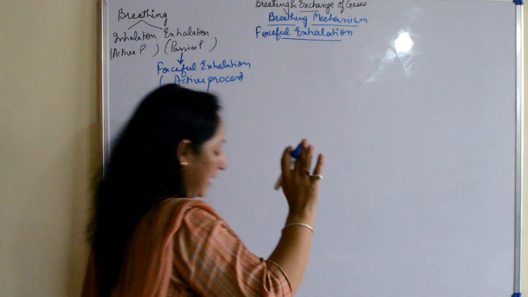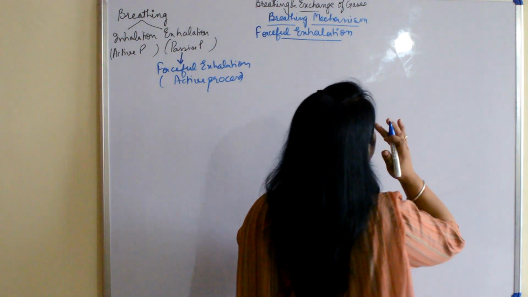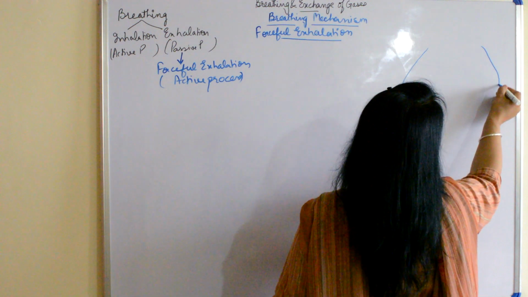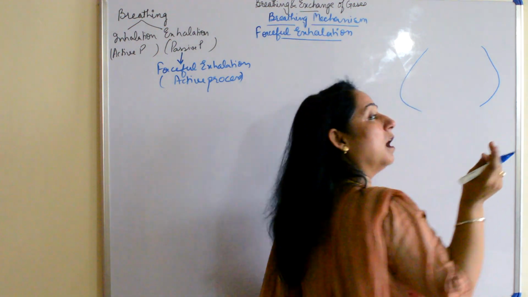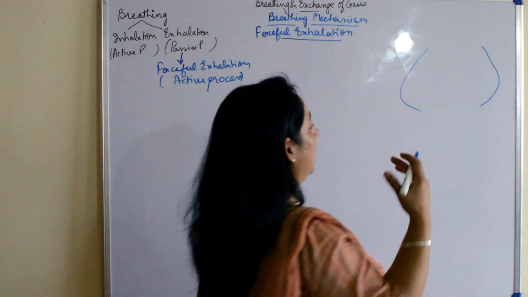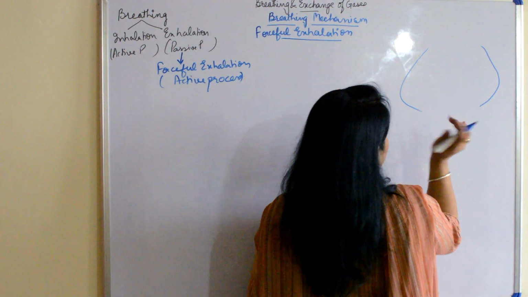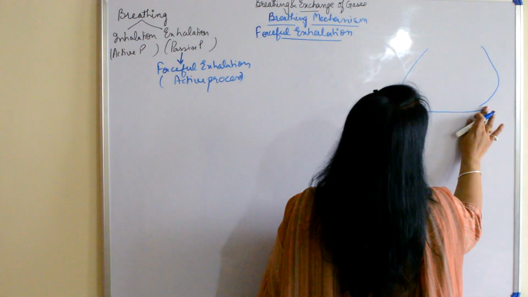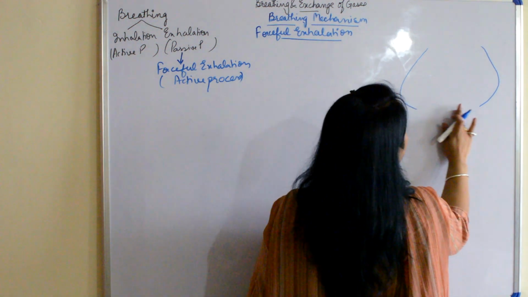I'll show you diagrammatically also. As I made in the last video also, suppose these are the ribs. Suppose this is inhalation. During inhalation the diaphragm is flattened and the ribs are out.